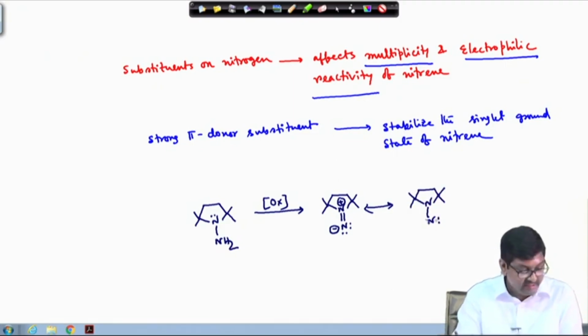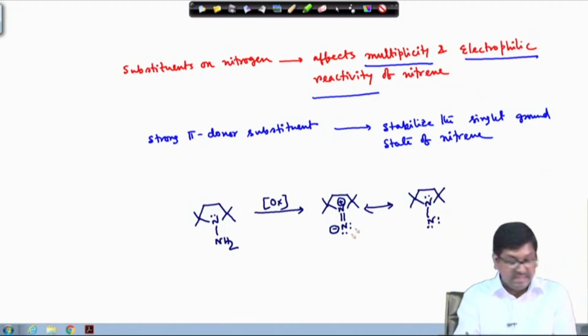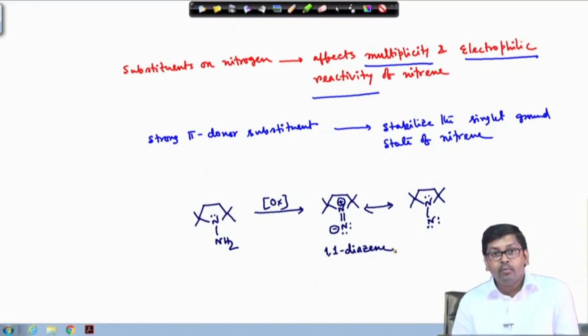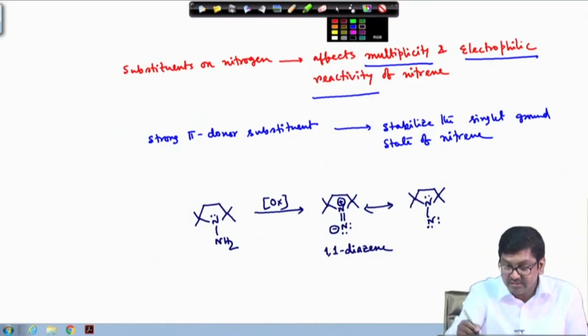Initially this nitrene will be generated, and this could be in resonance with this species, which is called a 1,1-diazene. Okay. So, this is the 1,1-diazene that will be formed, and it is stable in solution at low temperature.